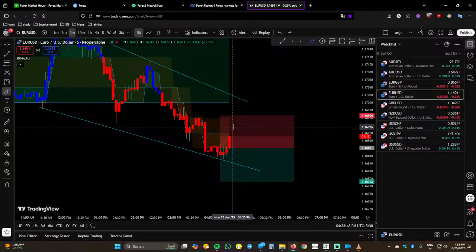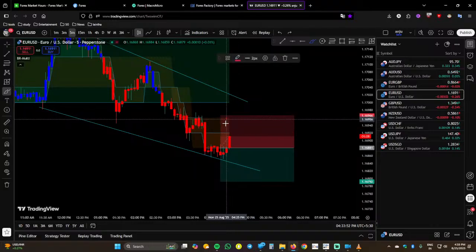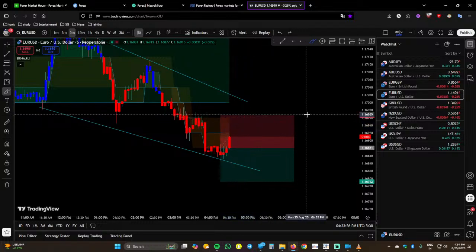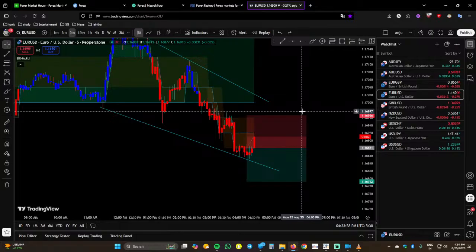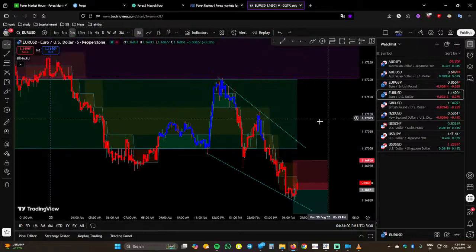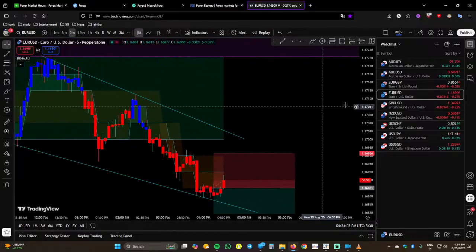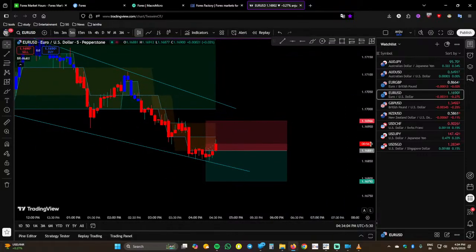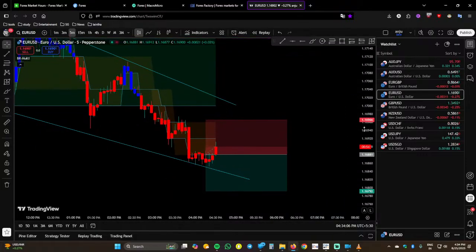But if it breaks and keeps continuing to this level, then it will form a new brick. And if it does that, we'll get stopped out. We'll wait and watch and see what's going to happen.